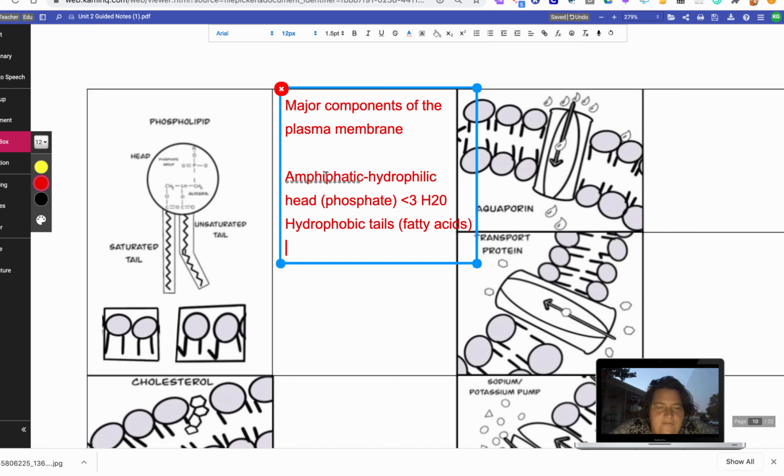Depending on the R group on the phosphate part of the head, there are variations. There are many different varieties that make up the membrane. Different species have different amounts.